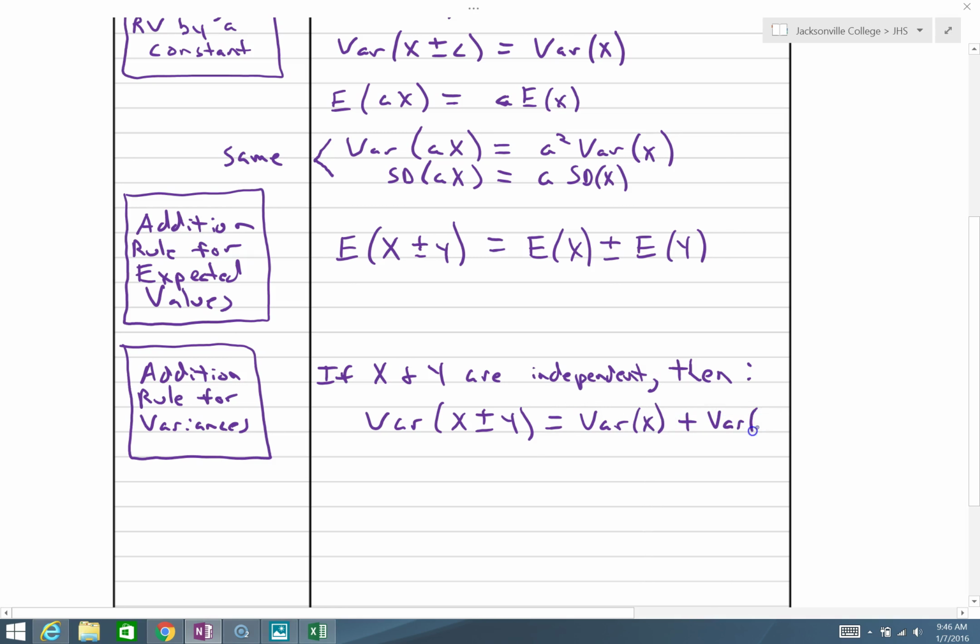And this is different than here. Here it says plus and minus, plus and minus. Here, whether we're adding or subtracting, the variances will add.